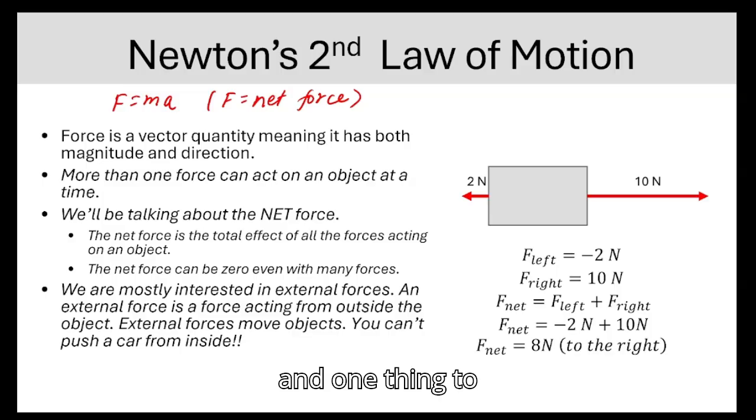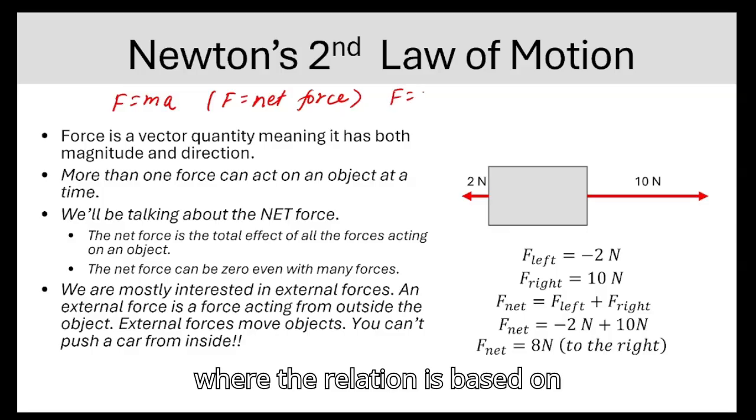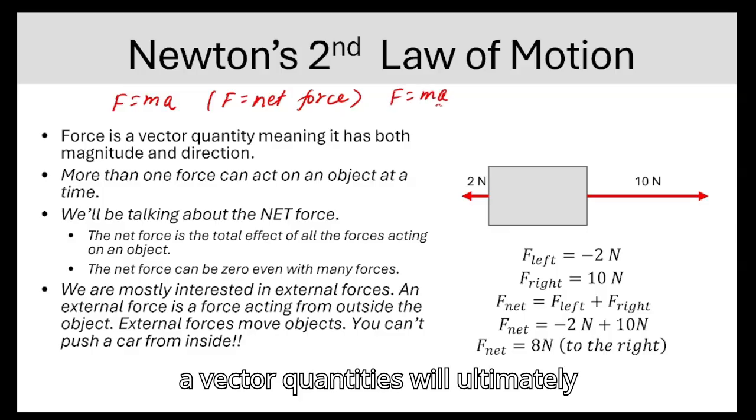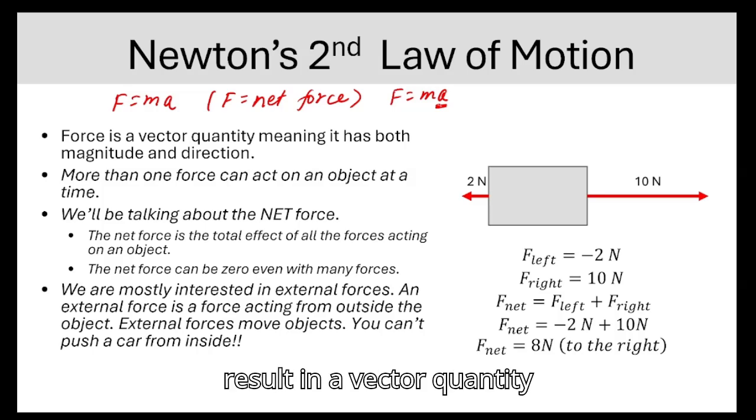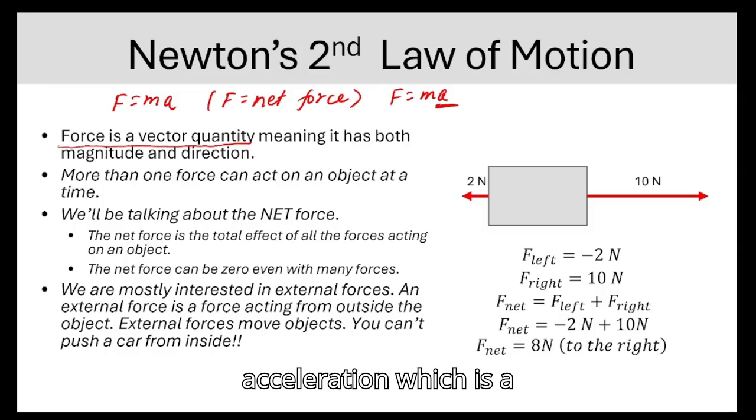One thing to remember is that any physical quantity whose relation is based on vector quantities will ultimately result in a vector quantity, meaning force is also a vector quantity because it depends on acceleration, which is a vector quantity.